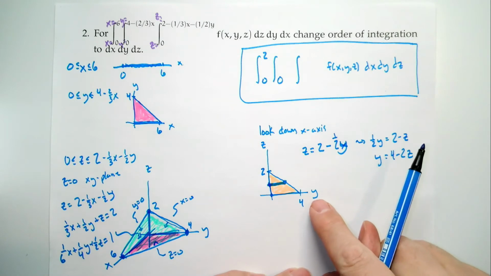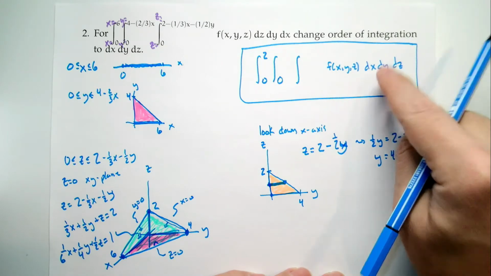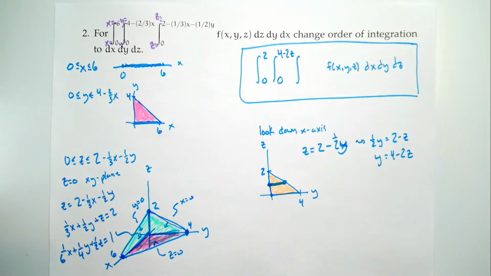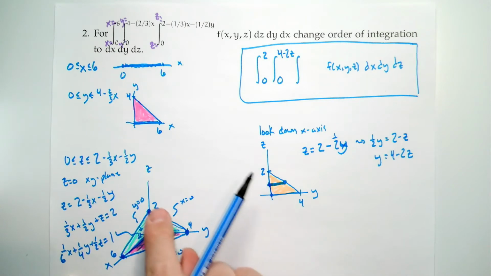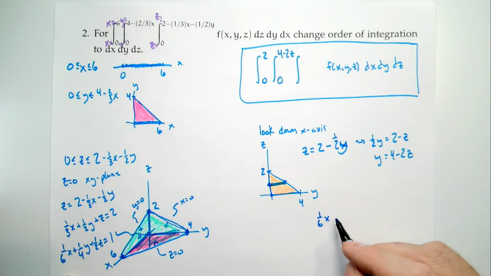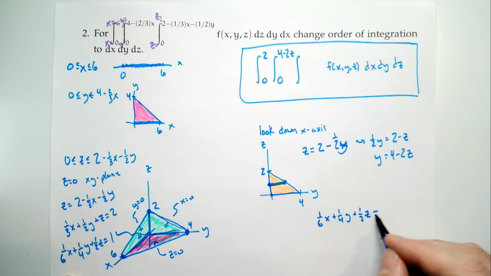And why do I need a function of y? Because it's balanced in terms of y. So that would be 4 minus 2z. Now, if you don't like that, here's the other thing you could do. Take this plane, and that plane will turn into this line at x equals 0. So I'm going to take 1/6x plus 1/4 y plus a half z equals 1.